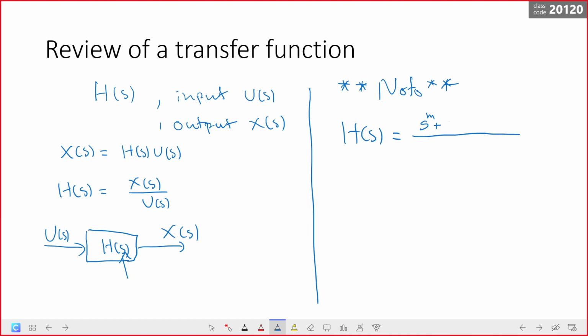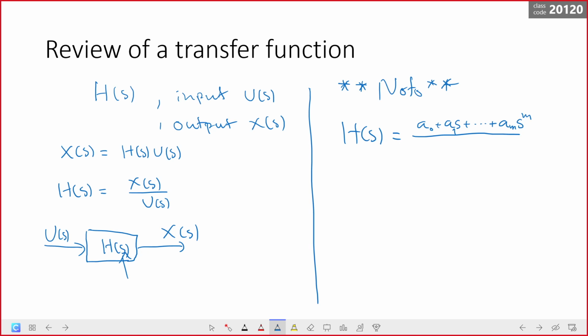I think it's better to write this way. Say a0 plus a1 s plus dot dot plus am s to the power m.